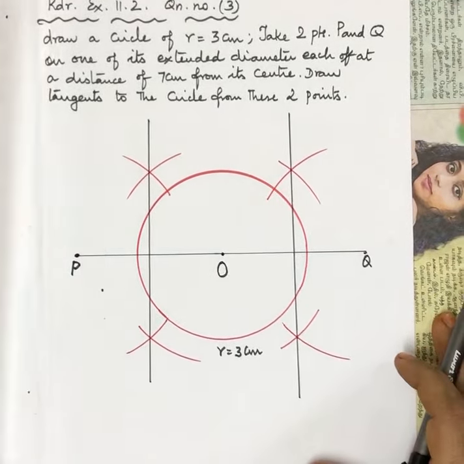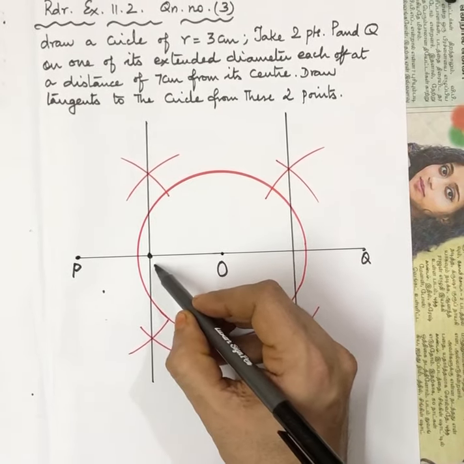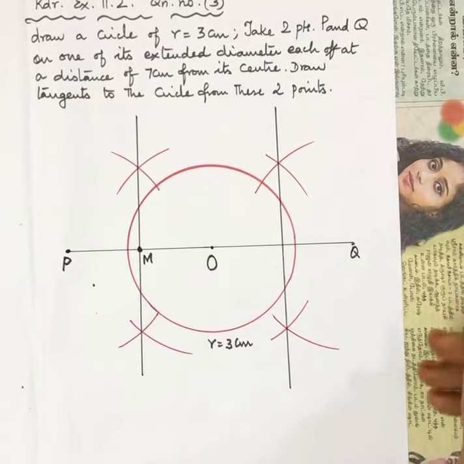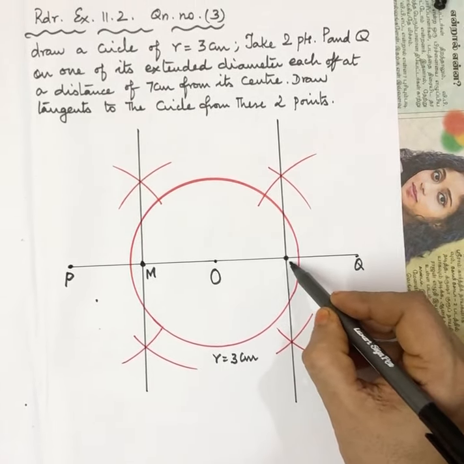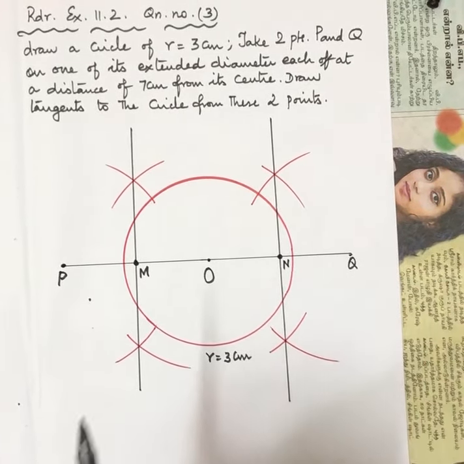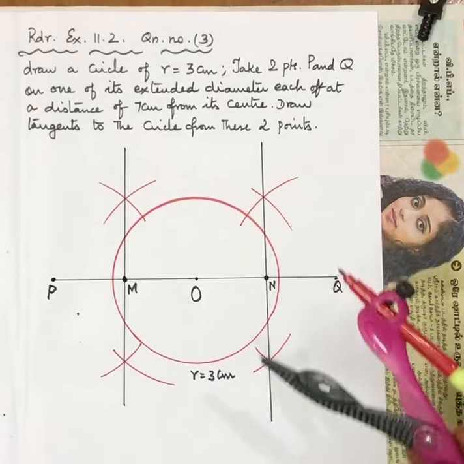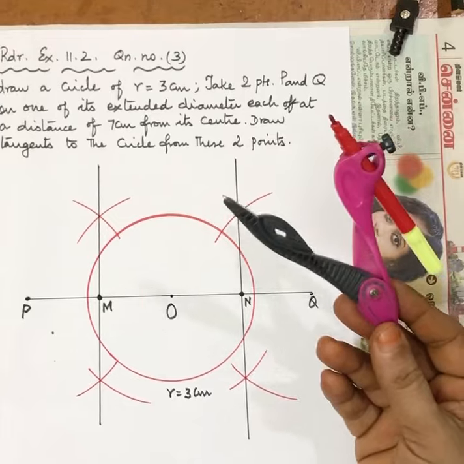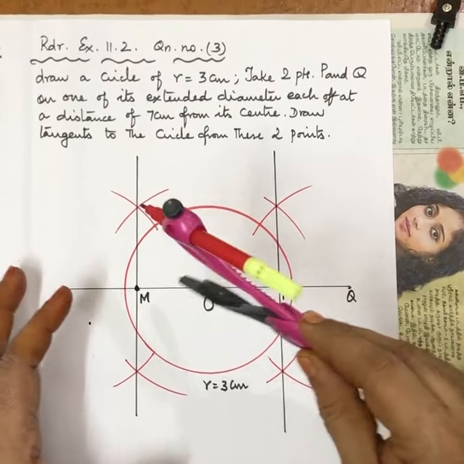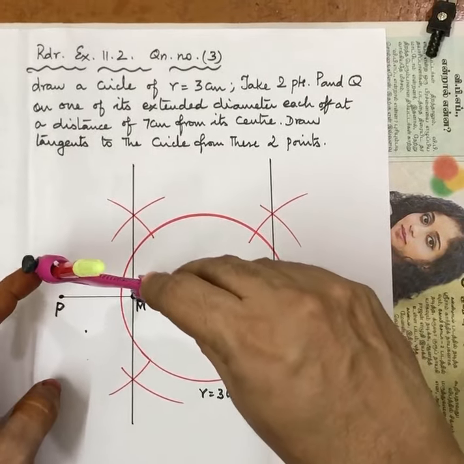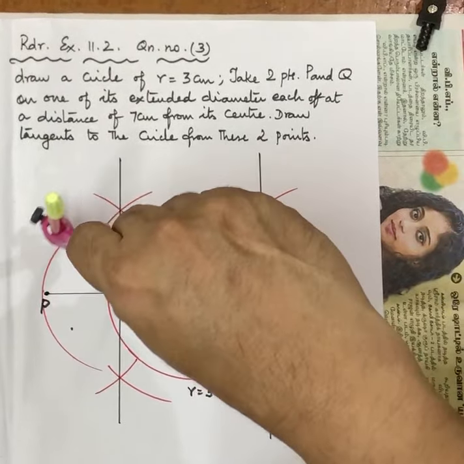As usual, let this perpendicular bisector meet OP at M, OQ at N. Wherever you name everywhere with capital letters. Now take your compass, keep the needle on M, pencil on P, draw a circle.